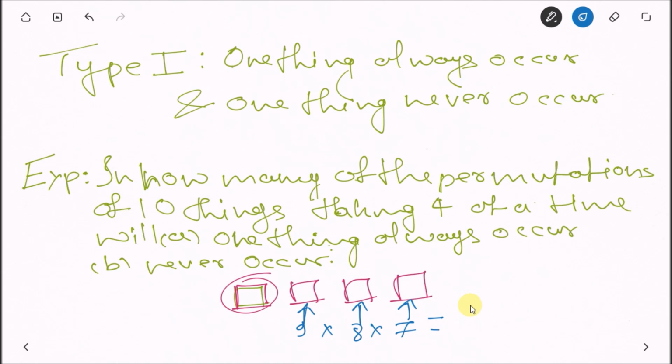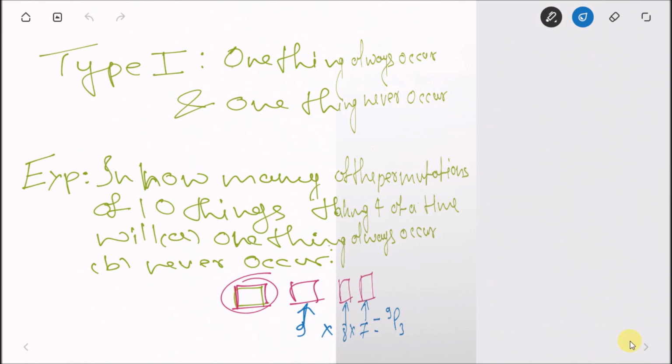or 9P3, if one thing always occurs. Now get the next question, where they're saying that one thing never occurs.